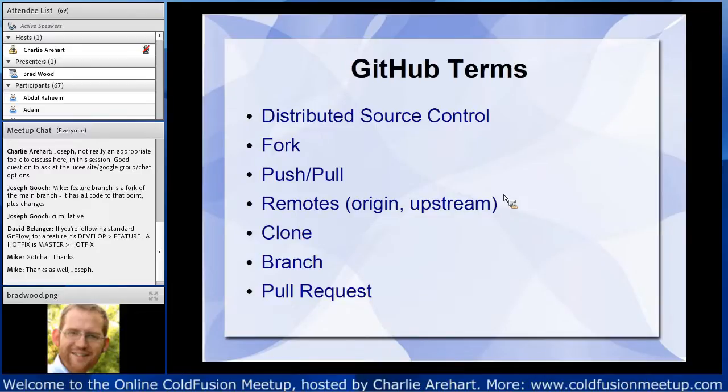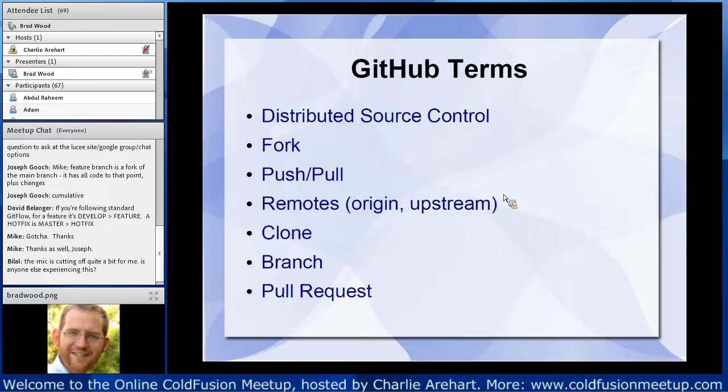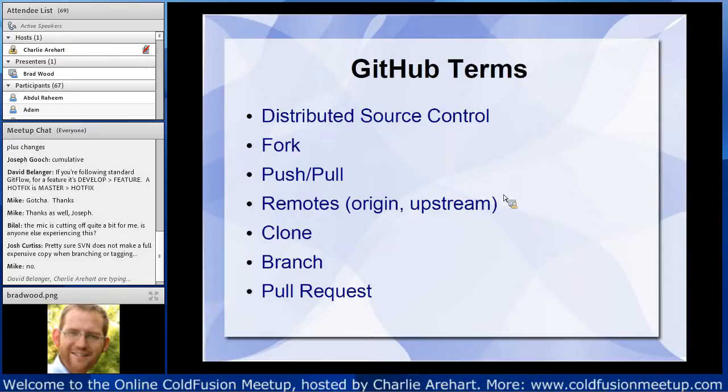GitHub is a website that hosts Git repositories for you and then adds some additional things on top of that. So Git is not necessarily equal to GitHub. GitHub is just a website that hosts a web interface to Git repositories, right? So Git is distributed source control. This means that everybody working on a repository has their own little copy of the entire repository.